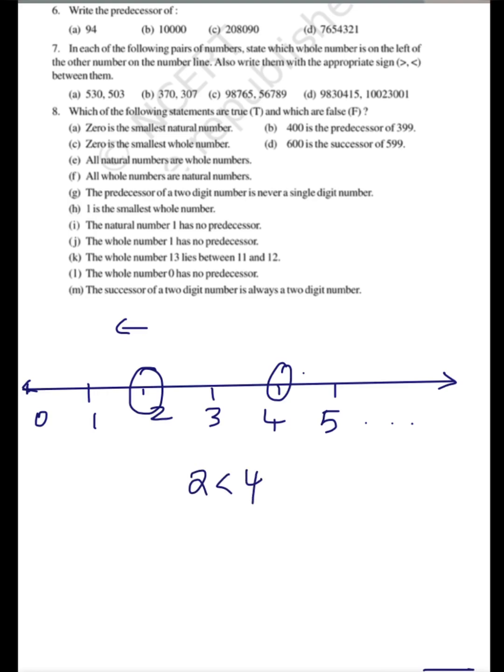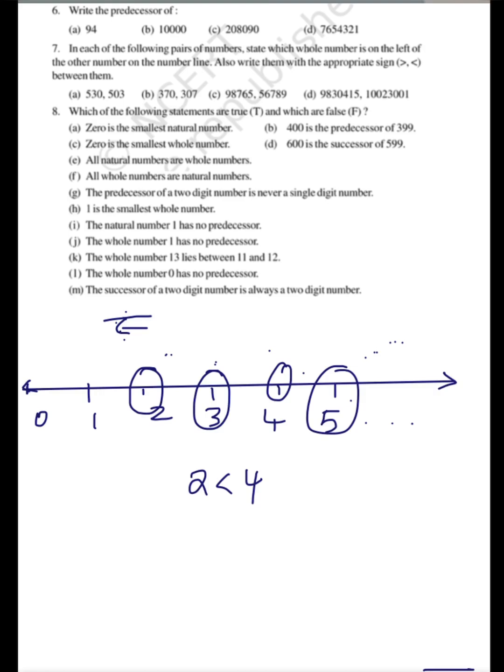Understand? That means numbers on the left will always be smaller than numbers on the right. If you are taking any numbers, suppose 3 and 5, then you can see that the number on the left is always less than the number on the right.